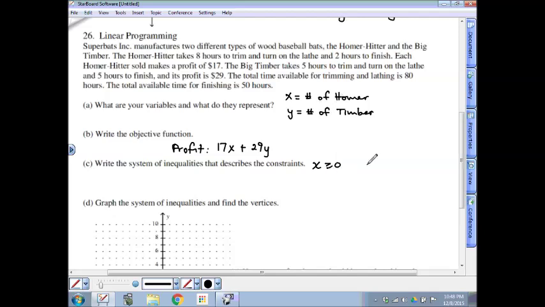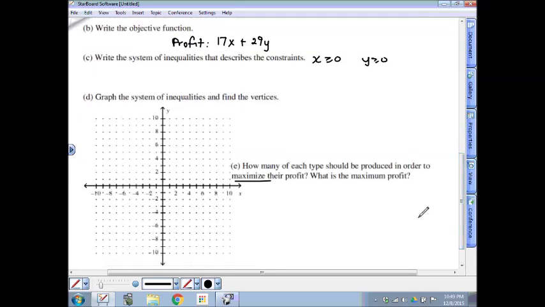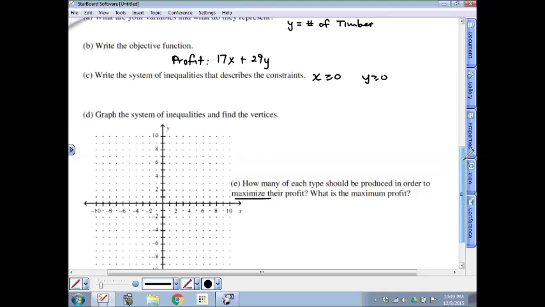You can't produce a negative number of bats. Same thing for y. y has to be greater than or equal to 0. So that means we're going to be graphing just in the quadrant right here in the top right. But we also have other constraints.